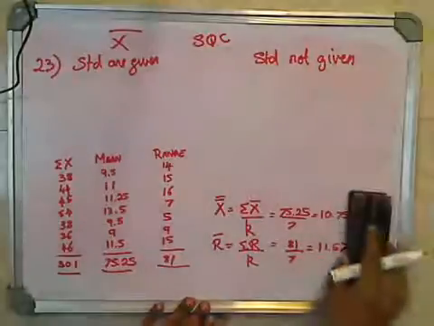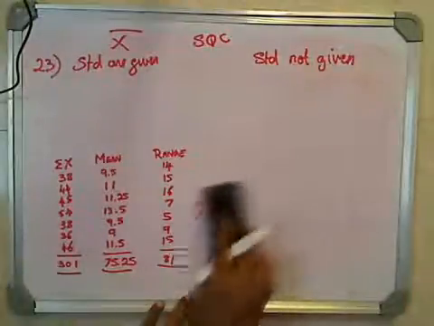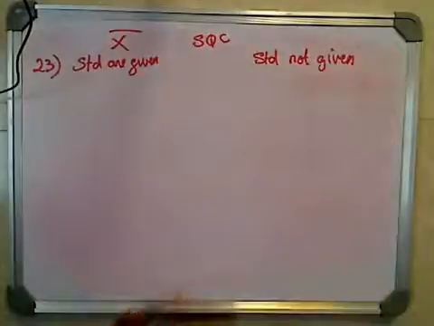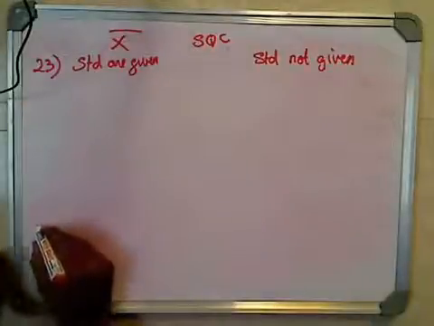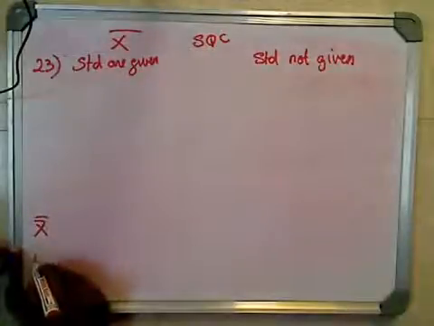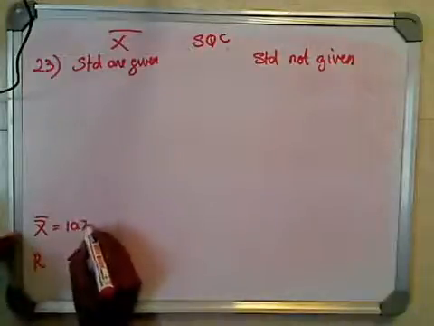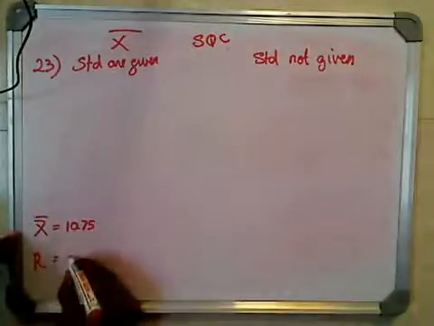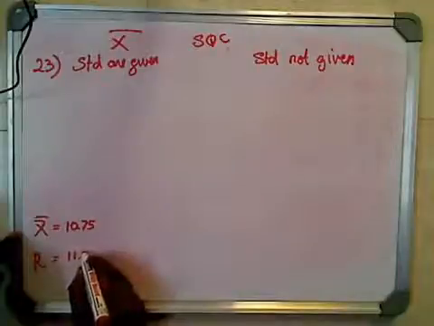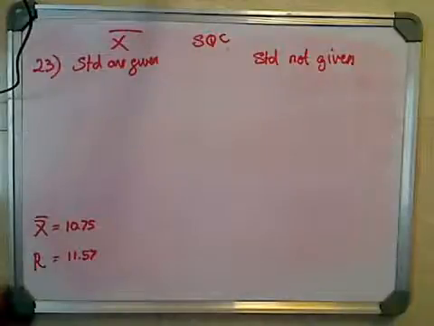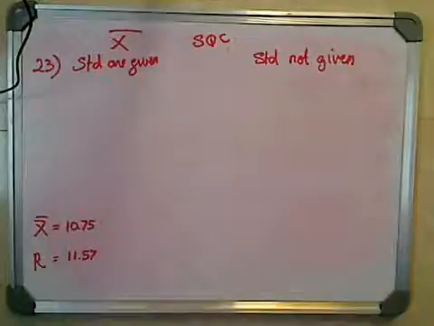So let's quickly write this down in a corner. X double bar is 10.75, and R bar happens to be 11.57.